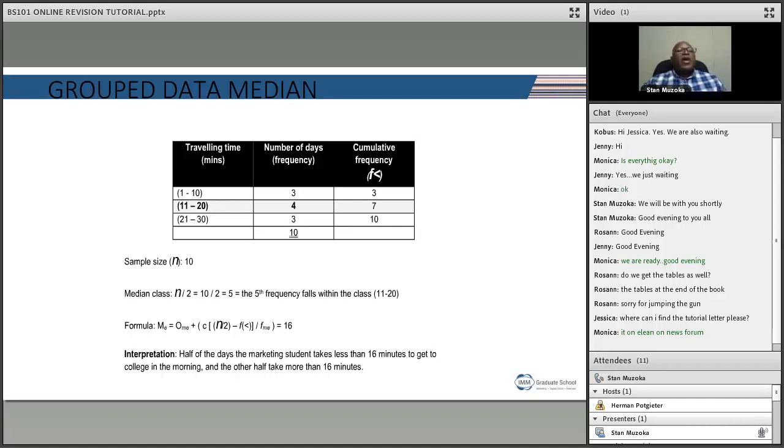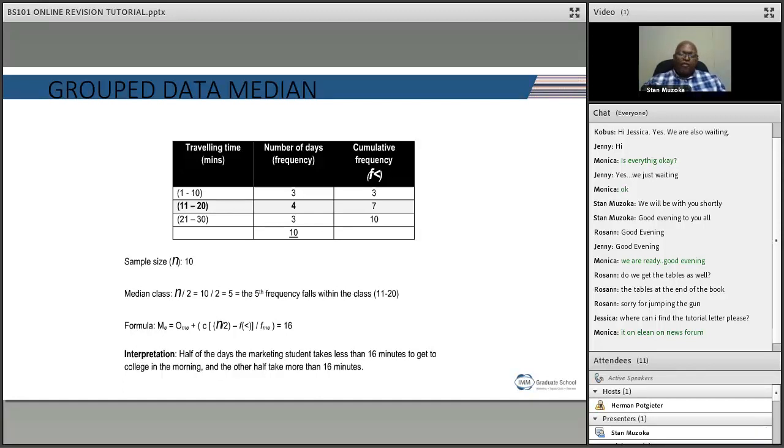But for me, n plus 1 over 2 all the time is the right formula to use, because it specifies where exactly in the ordered data set you are going to find your median value.